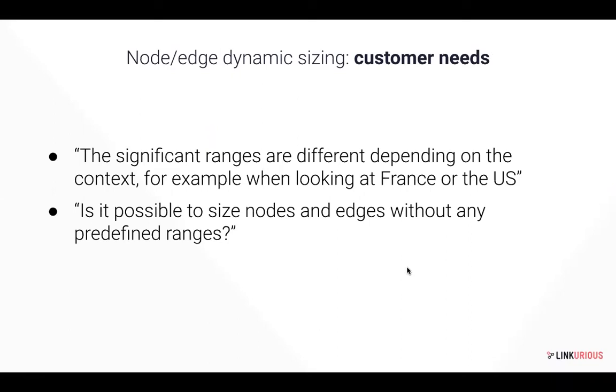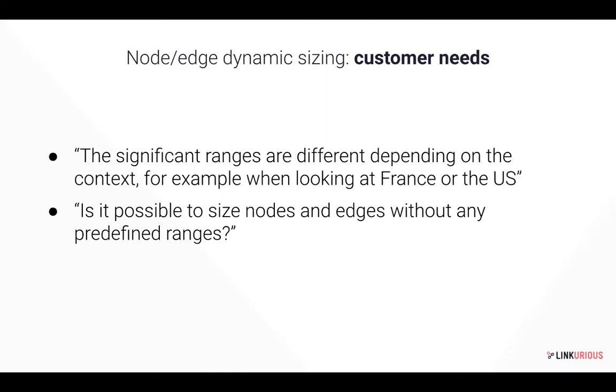Our customers were facing the issue that their significant ranges could differ from one context to another. For example, if you are looking at companies in France or in the US, maybe you are going to see some significant difference in terms of what ranges you are looking at. Maybe in one case it could be 0 to 1000, and in the other it could be 0 to 1 million.